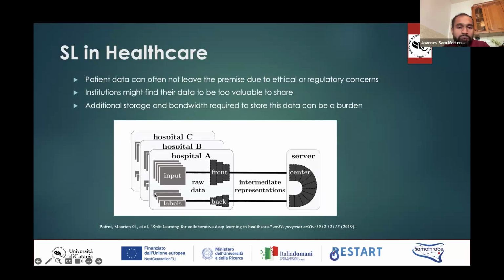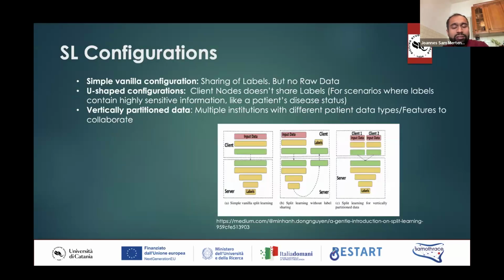This is more secure, because the sensitive data doesn't leave the hospital. It was developed because patient data cannot leave the premises, as it is sensitive and there are ethical concerns over it. And there were different split learning configurations.